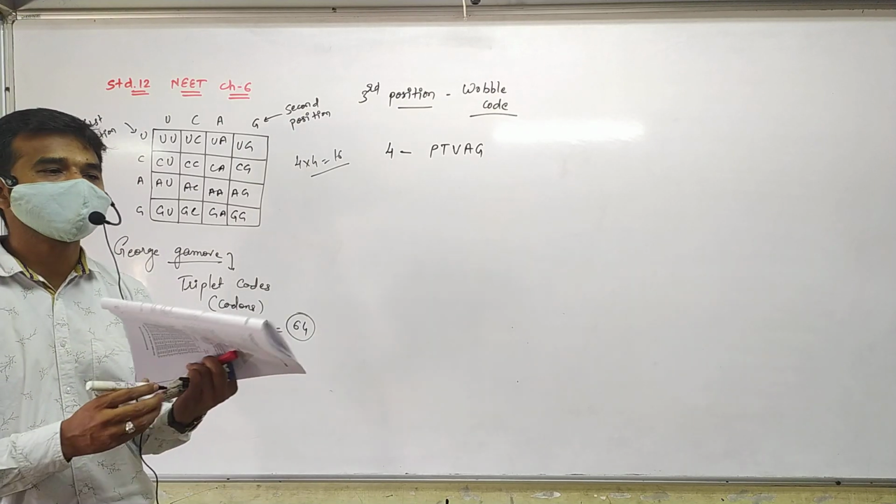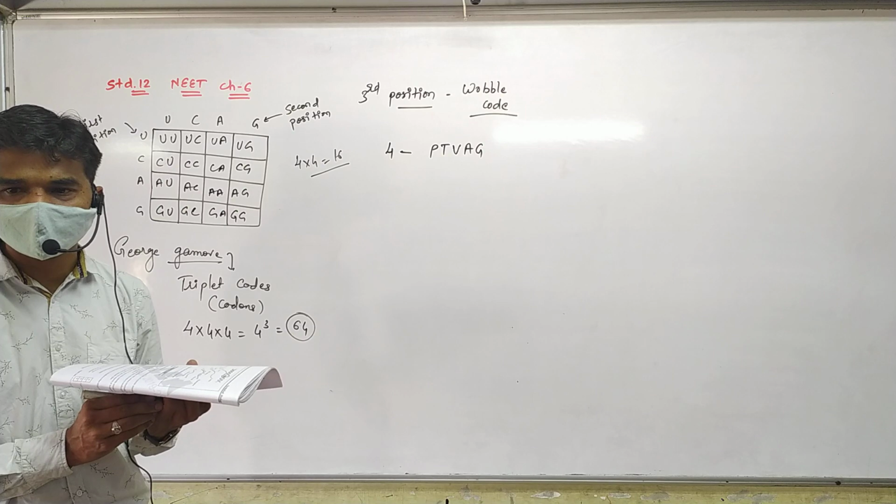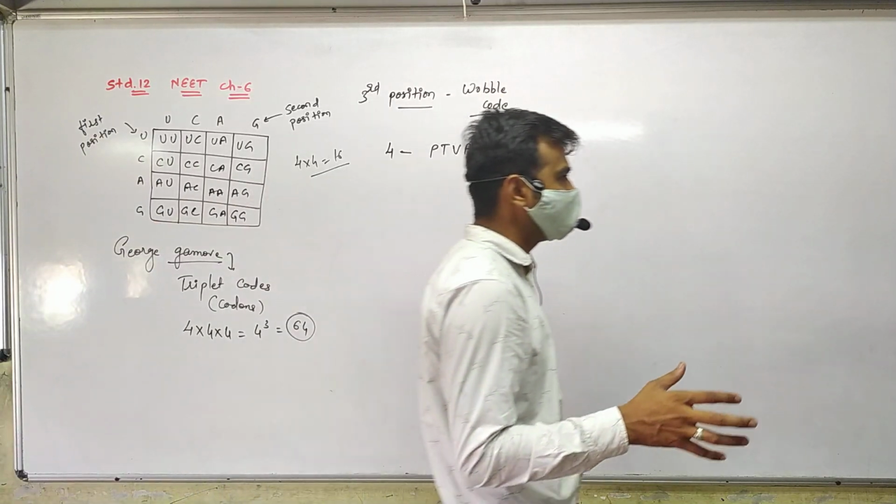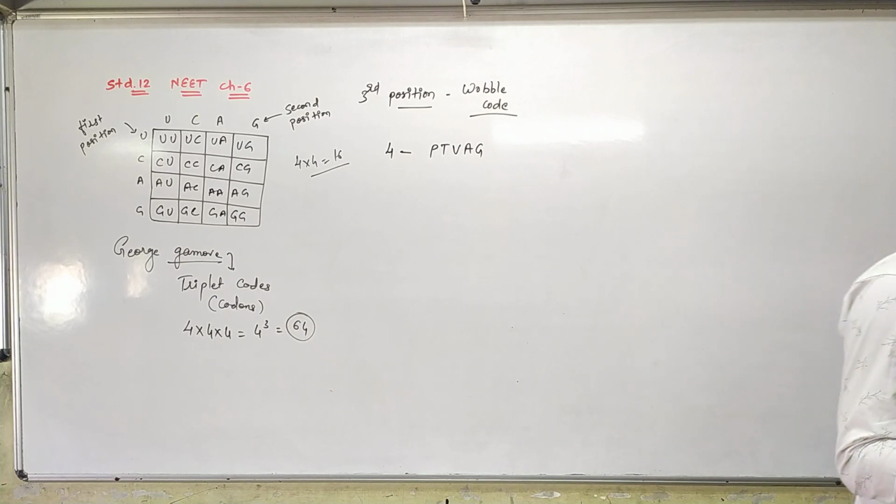I am discussing this because a question will be asked like this: according to the codons, arrange the amino acids in ascending or descending order.